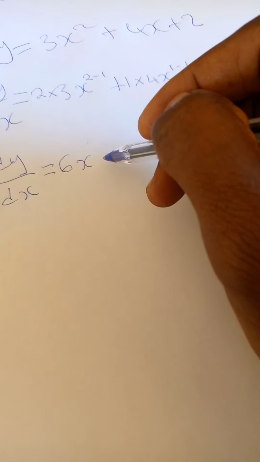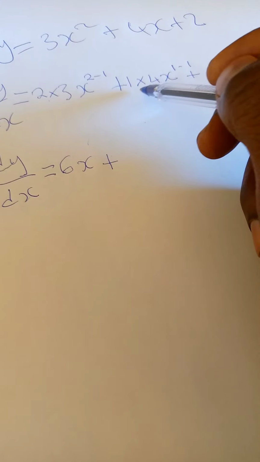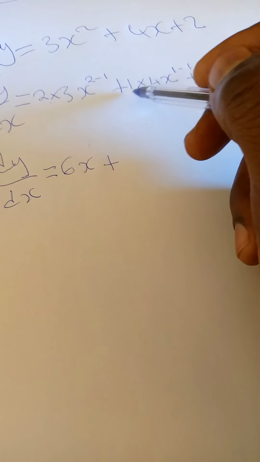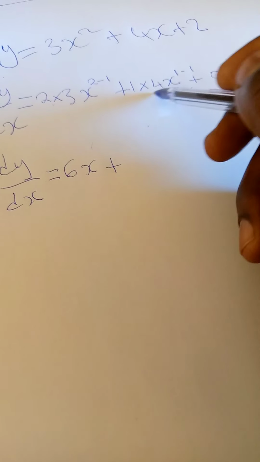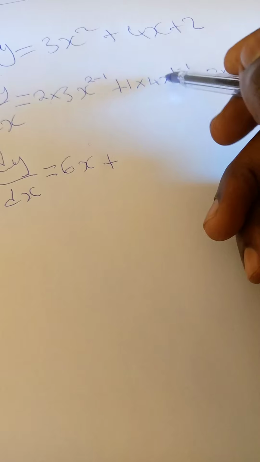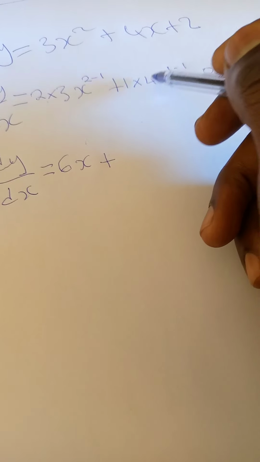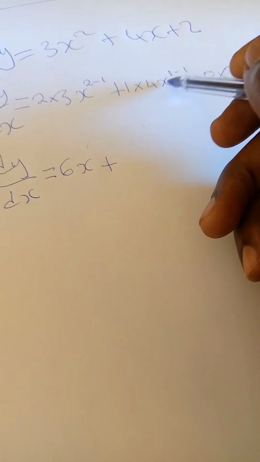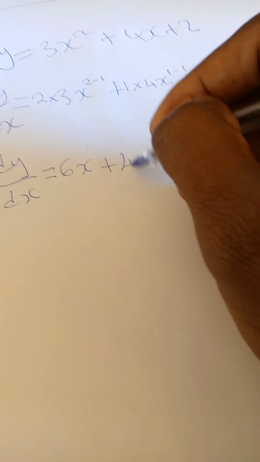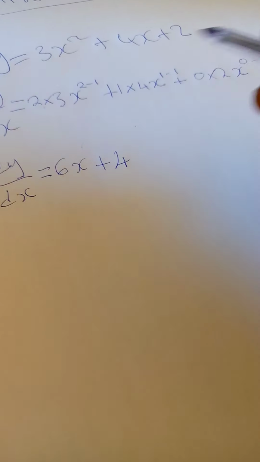Then I bring down the plus operation, and 1 times anything, 1 being our identity, won't change anything. But this 1 minus 1 is a 0, and anything to the power of 0 is 1. So here I have 1 times 4, which is 4. Then 0 times anything in mathematics is just 0.